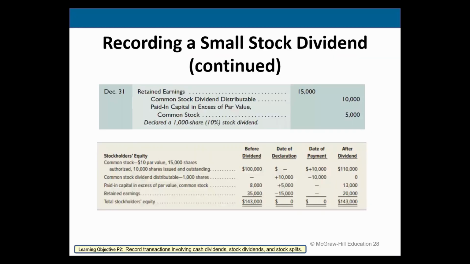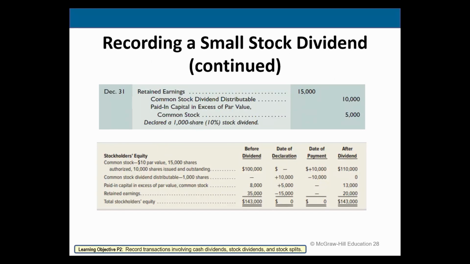In general, the balance sheet changes in three ways when a stock dividend is declared. First, the amount of equity attributed to common stock increases. For Quest, from 100,000 to 110,000 for 1,000 additional declared shares. Second, paid-in capital in excess of par increases by the excess of market value over par value for the declared shares.